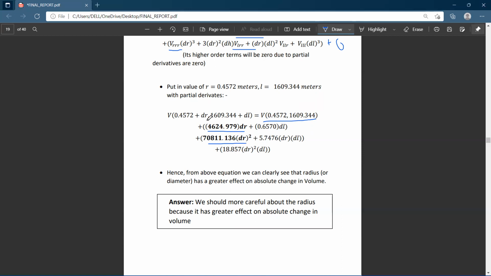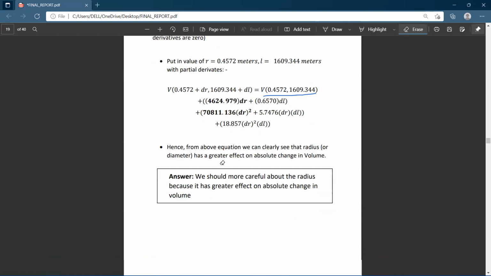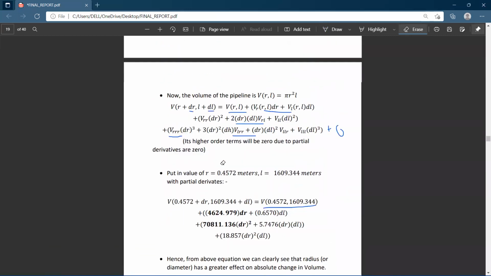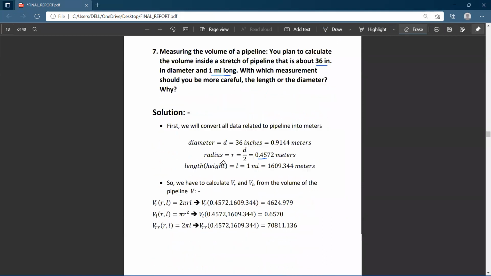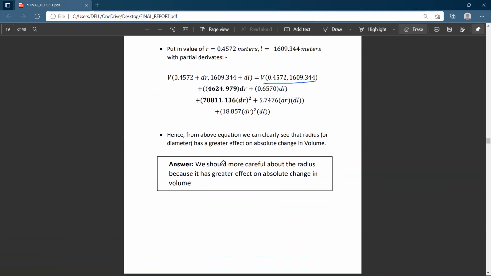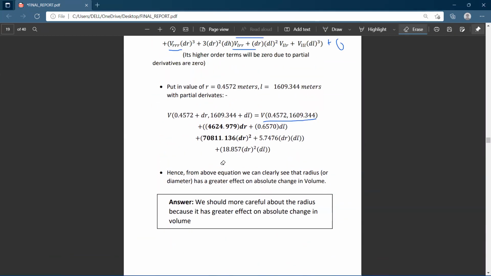So small changes in r may lead to larger changes in the volume of the pipeline. That means we have to be more careful about the radius, and not so careful about the length of the pipeline.